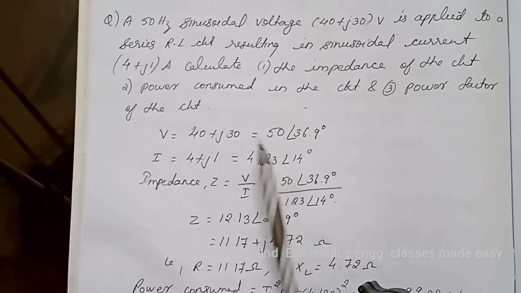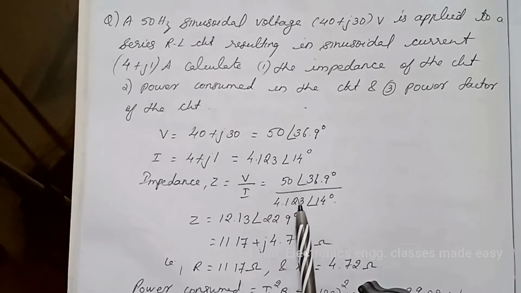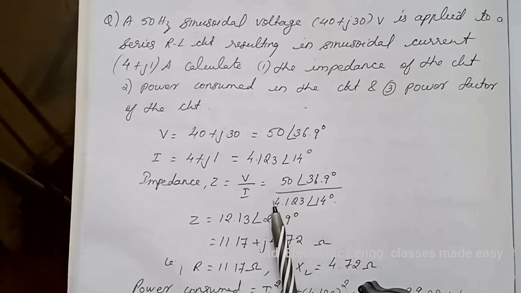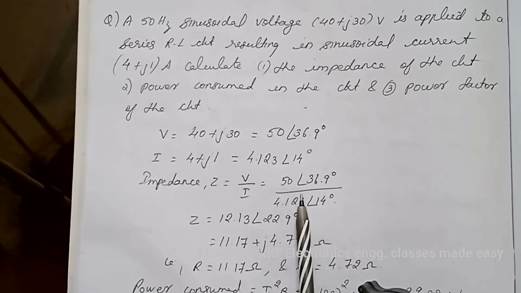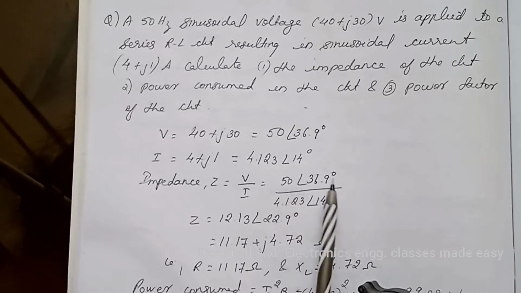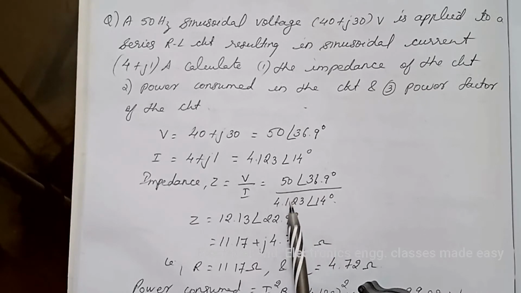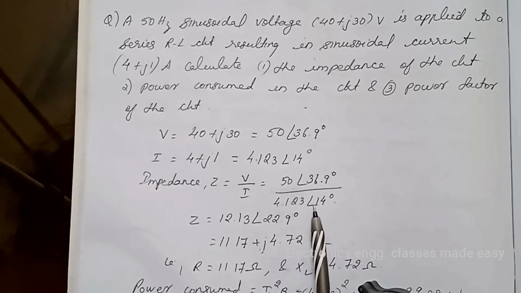And we are converting this rectangular form into polar form to make our calculations very easy. Here we can divide the numerator and denominator very easily.